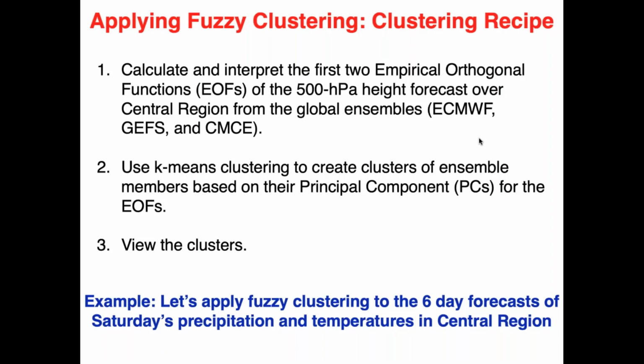I know there are more ensembles out there, but here at WPC those are the three systems we have access to, so that's what I will be using. Next, you use the k-means clustering algorithm to create clusters of ensemble members based on their principal components for the EOFs. Finally, the last and most important step is to physically view the clusters to see what they're showing. Again, we're going to apply fuzzy clustering to the 6-day forecast for Saturday's precipitation and temperatures in the central region.